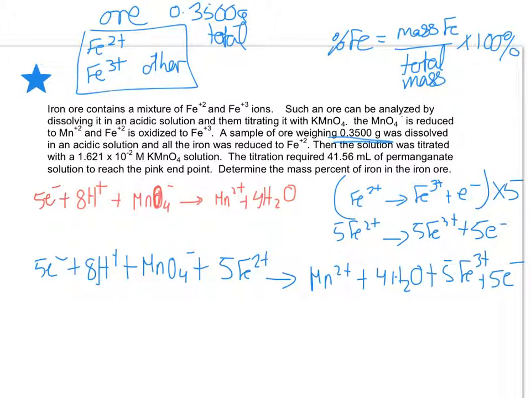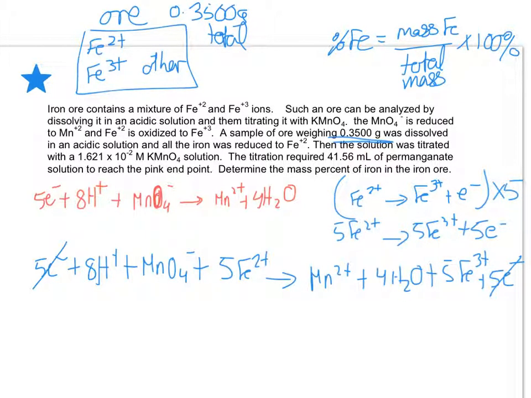If you did it correctly, your electrons should always cancel, and they do. Nothing else cancels. Next step says if basic, you neutralize your H+ with hydroxides. In this case, they keep telling us that it's in an acidic solution, so that means we don't have to do that step, and so we're basically done. We just need to check it.